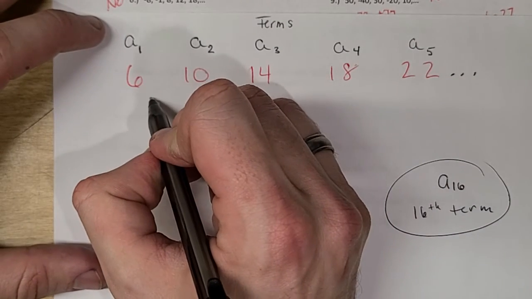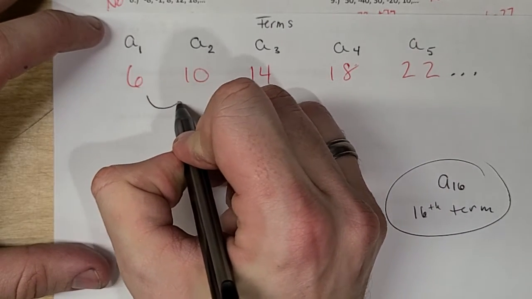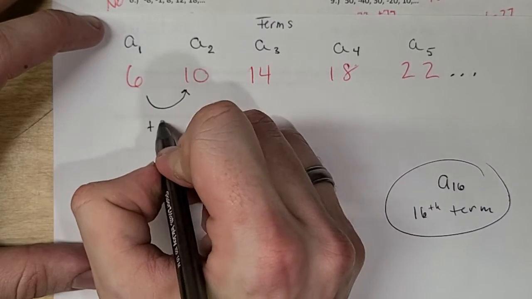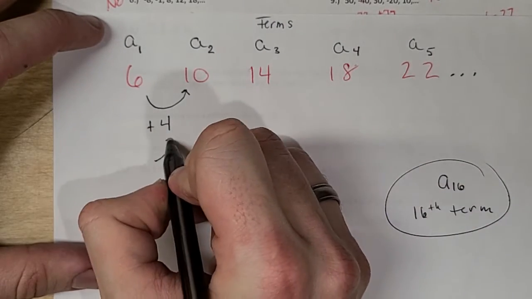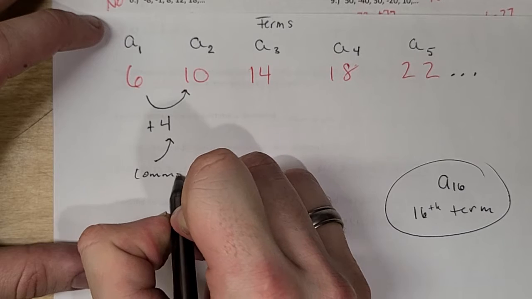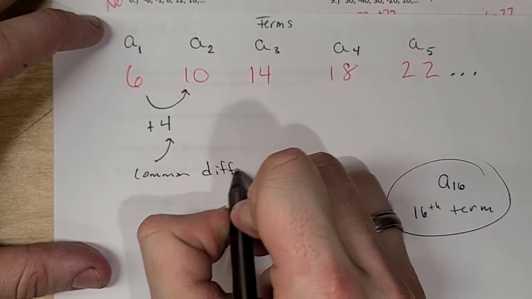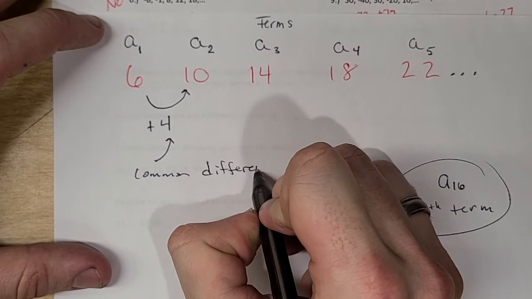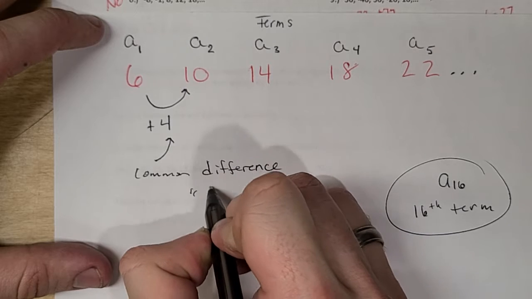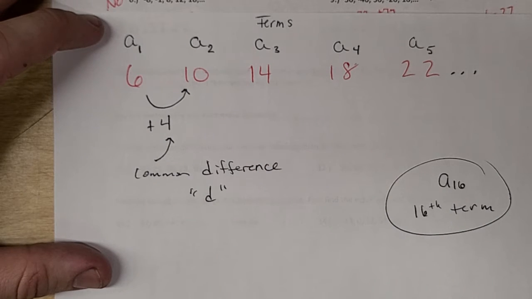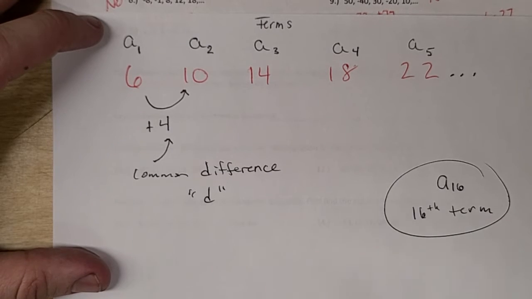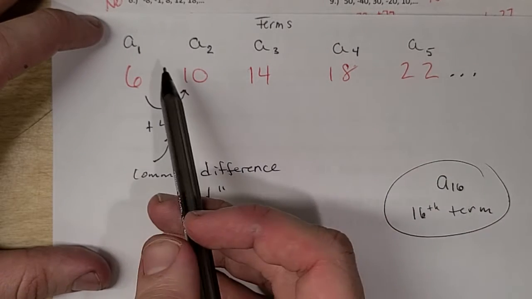Now, again, if I'm talking about the difference from one thing to the next, like in this case I have to add 4, that is called the common difference, which you're going to hear a lot, and we use the letter d. Now, that's pretty much all the vocabulary you need to know. These are all called terms in a sequence.